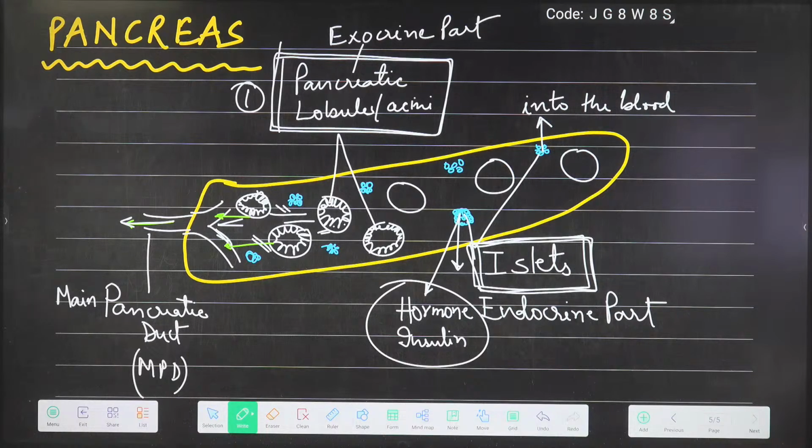A normal person does not pee out any glucose in the urine. But if a person is suffering from diabetes mellitus, then he or she might be peeing out some sugars in the urine, because of the very excess amount in the blood. And why the excess? Because there is a deficiency of the hormone insulin.